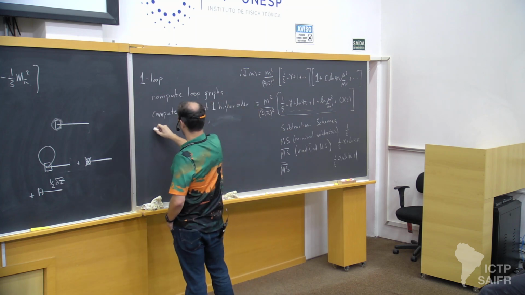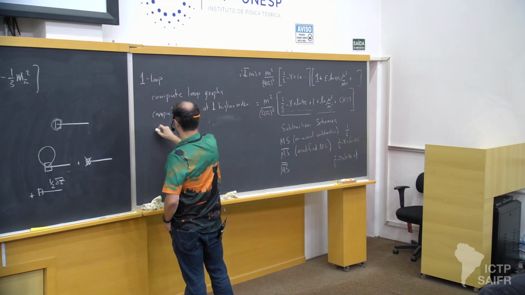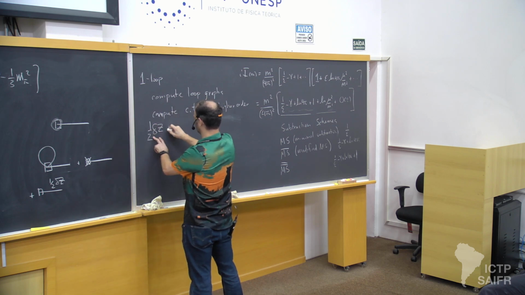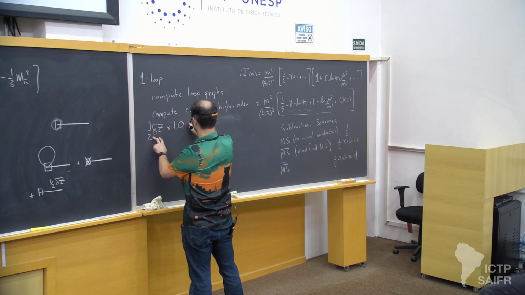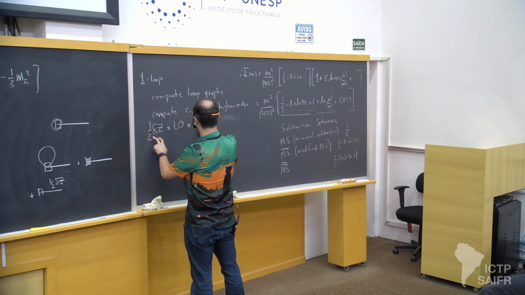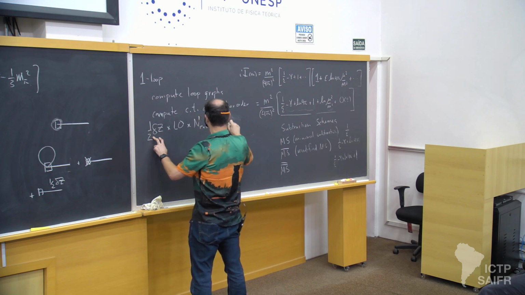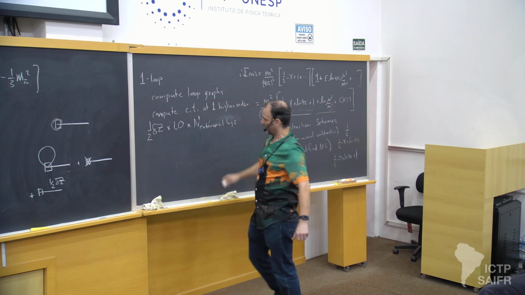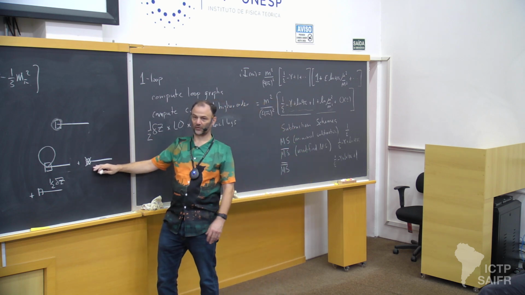And then you have to add the delta z, 1/2 wave function times leading order times the number of external legs. So if you have f pi, there's only one external leg.